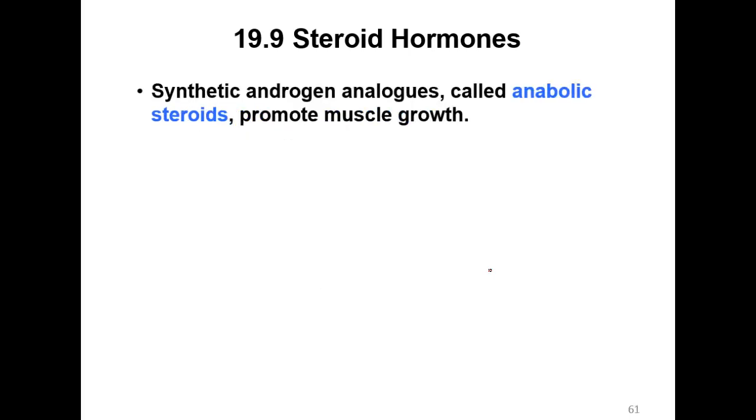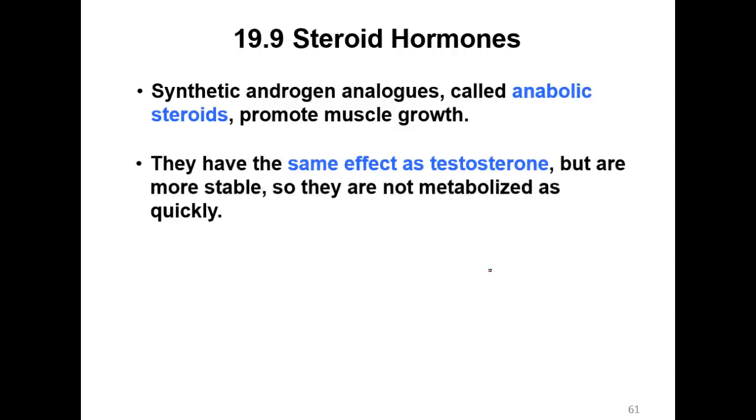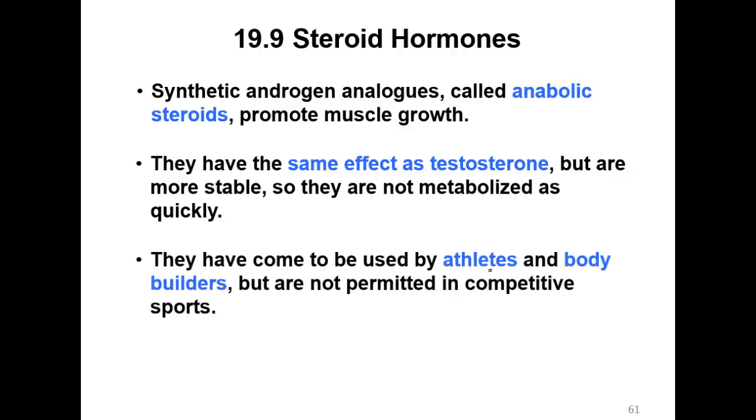Synthetic androgen analogs called anabolic steroids promote muscle growth because it's basically a mimic for the male hormones. They have the same effect as testosterone, but are more stable, so they are not metabolized as quickly. They have become used in athletes and bodybuilders.